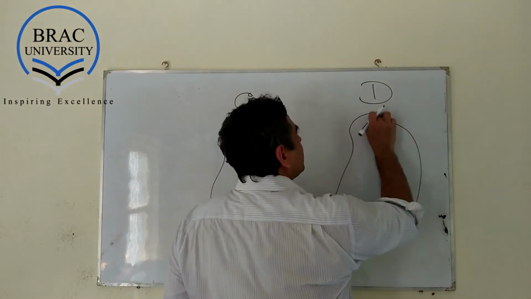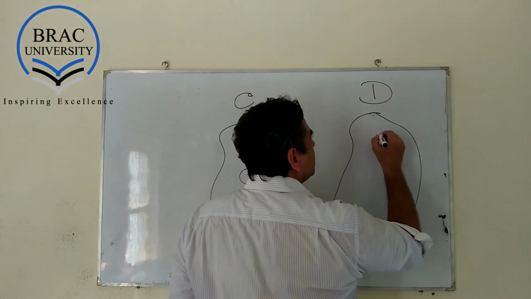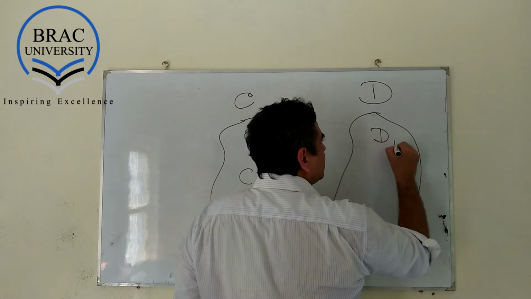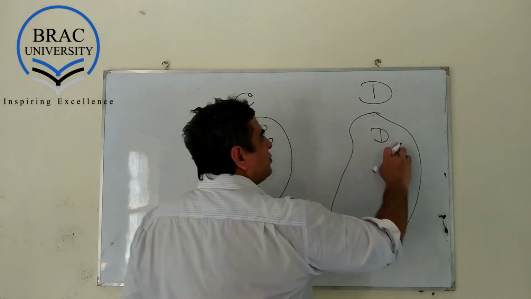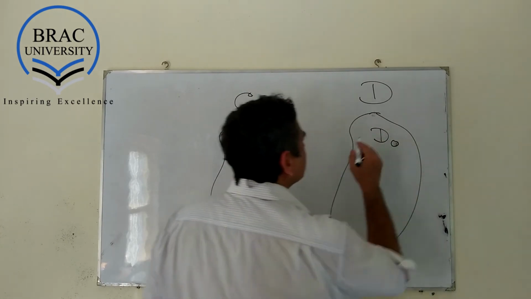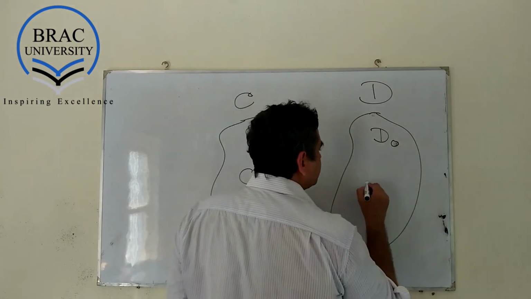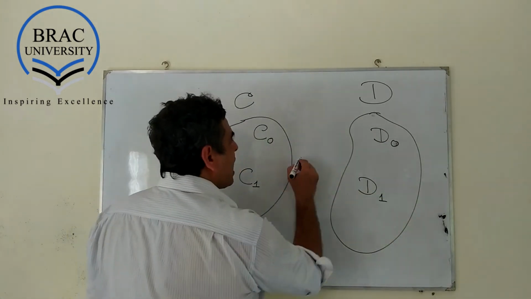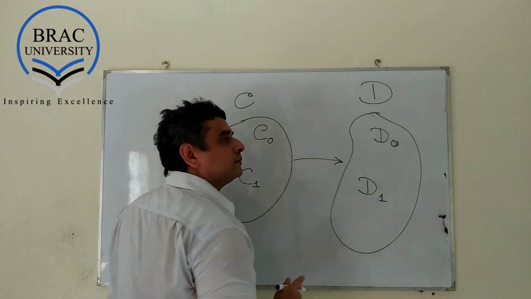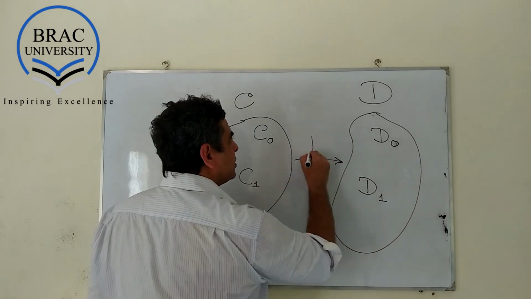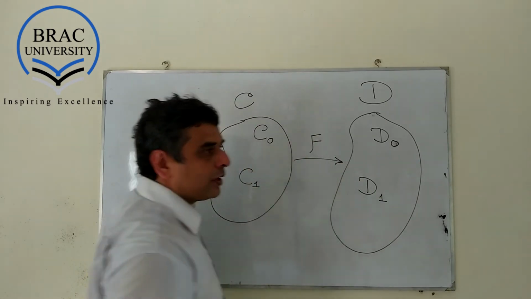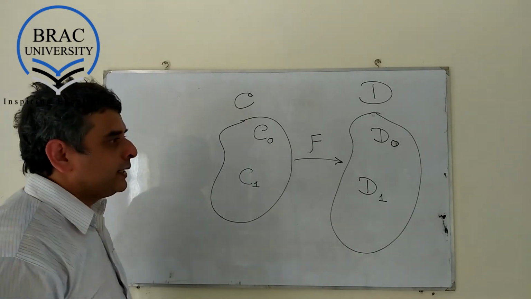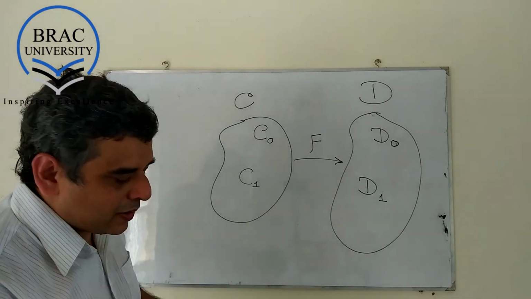The objects of the category D constitute the collection D0, and the morphisms of the category D constitute the collection D1. And you have a map between these two categories, which we call a functor, in a compatible way. I'm going to explain the compatibility very roughly.